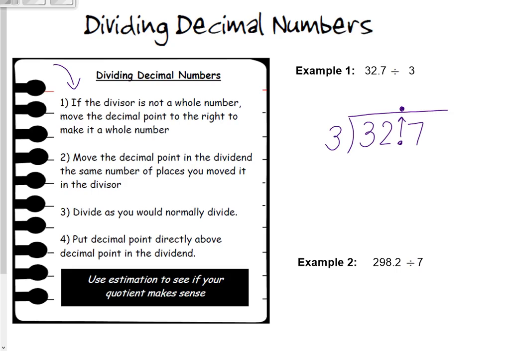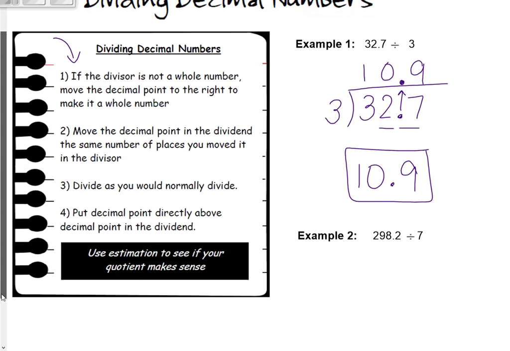So we have 3 goes into 3 1 time. 3 goes into 2 0 times. Okay? Which then leaves me with 27, and 3 goes into 27 9 times. So then your answer would be 10 and 9/10. Sorry if I went a little too fast on that one.